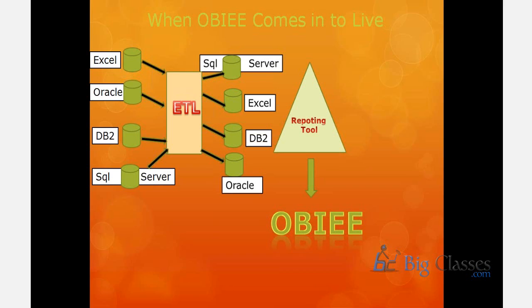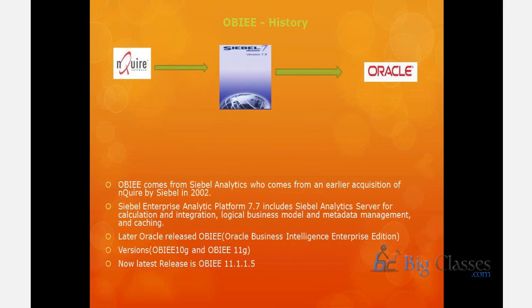Now, see here, history of OBIEE. Generally, first Enquire is one organization which started with general purpose reporting for organizations. After that, Enquire got acquired by Siebel, and Siebel released a version called Siebel Analytics. On top of this base platform of Siebel Analytics, Oracle designed a very robust reporting tool called Oracle Business Intelligence Enterprise Edition.